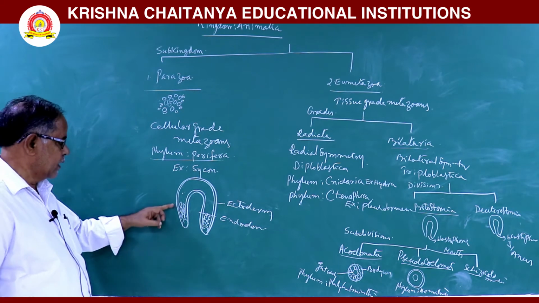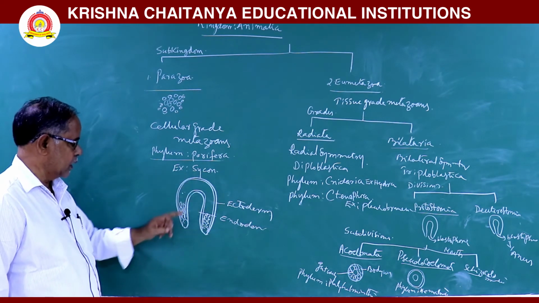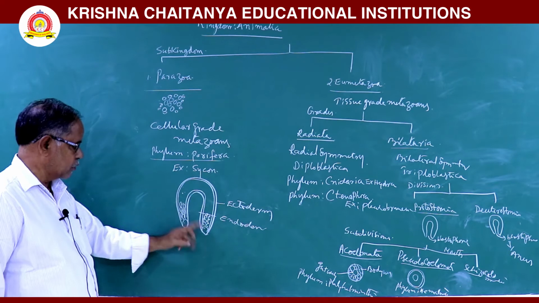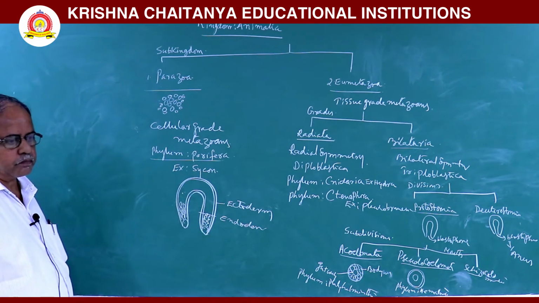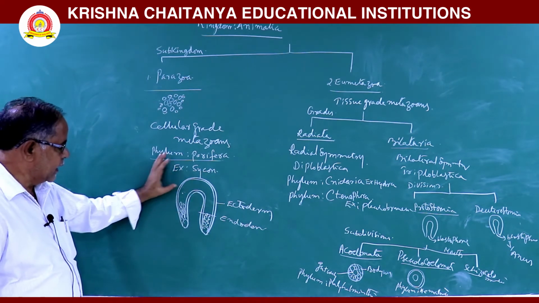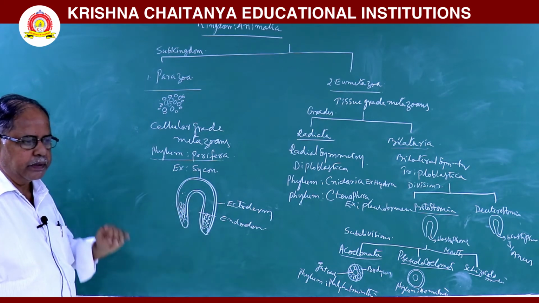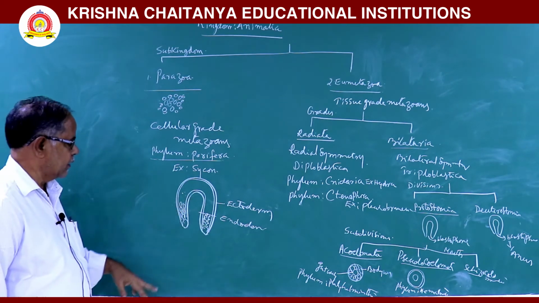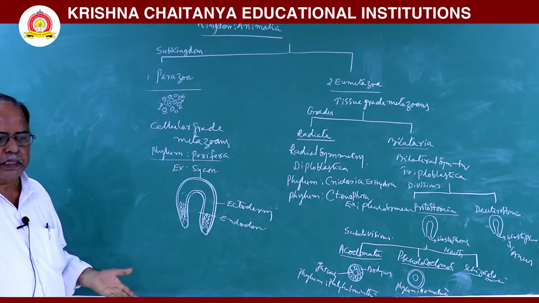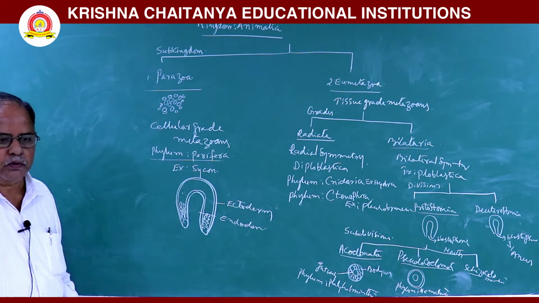One layer is occupied inside the body wall, another layer is occupied outside the gut wall. This is a parietal layer, this is a visceral layer. In between parietal layer and visceral layer, body cavity is there. That body cavity is a true coelom.